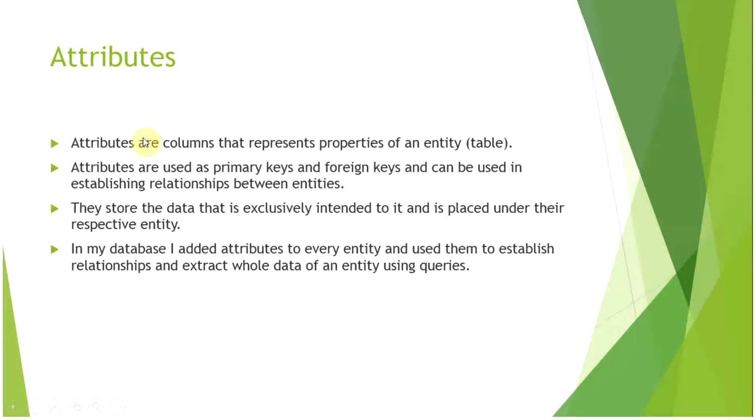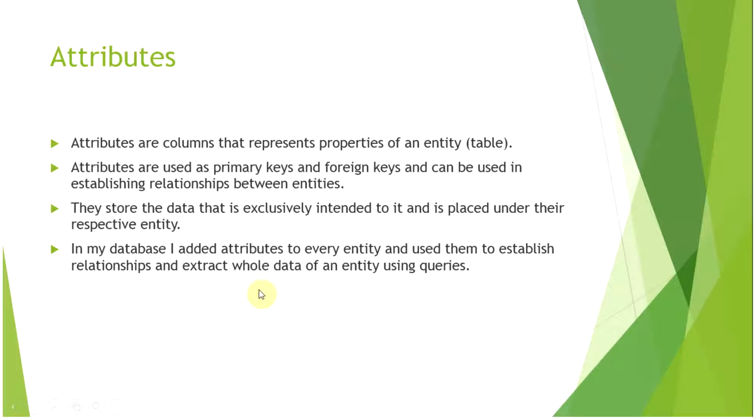The main purpose of the attributes is that they represent properties of an entity or table. Attributes are used as primary keys as well as foreign keys, and can be used in establishing relationships between the tables. They store data that is exclusively intended for a particular entity and is placed under that entity.